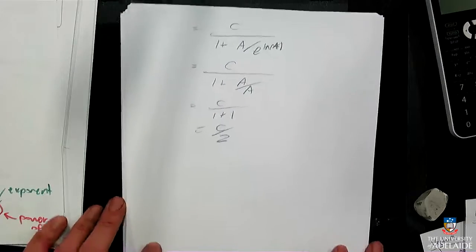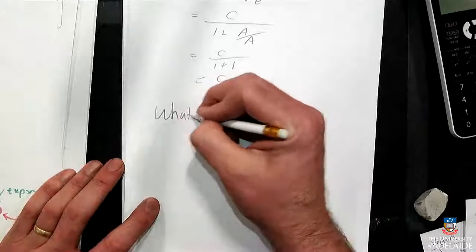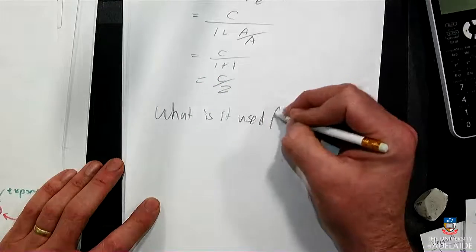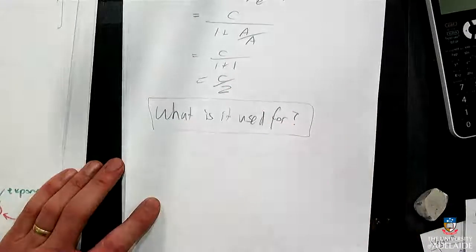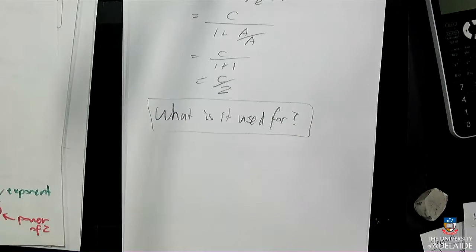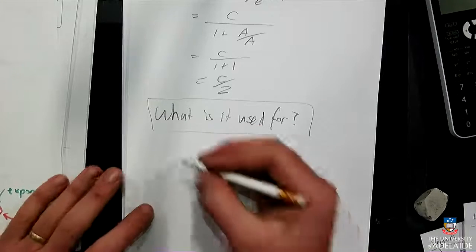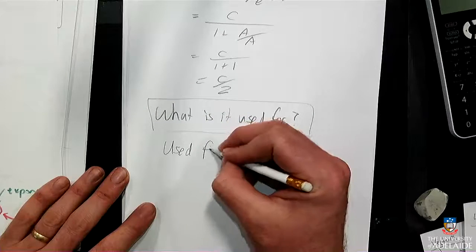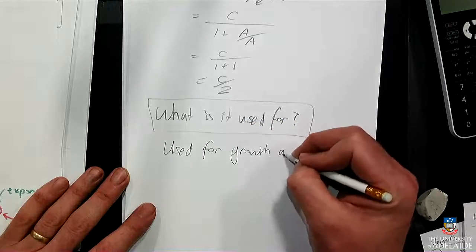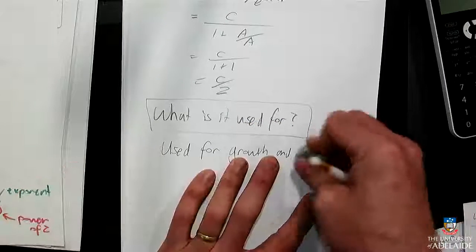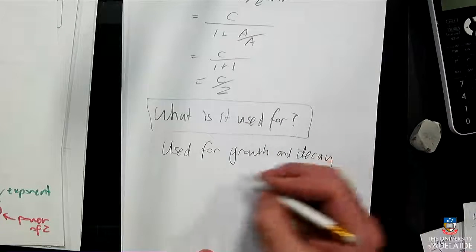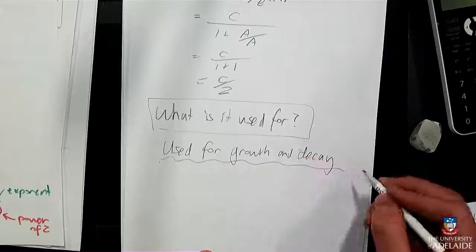Okay, one final thing. What is it used for? Exponential functions are used for situations when things grow, population or other things have growth and decay. It's used for growth and decay situations.